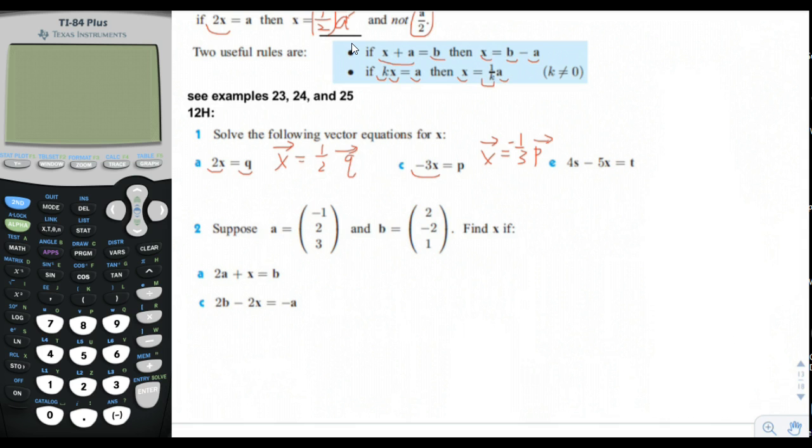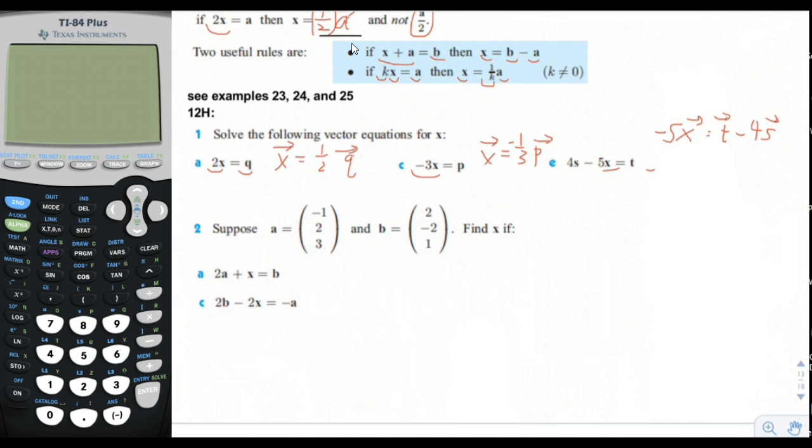E, 4 times vector s minus 5 times vector x equals vector t. So to get vector x here, first I'm going to take vector t and subtract 4 times the vector s. Then I'm going to multiply everything by -1/5.